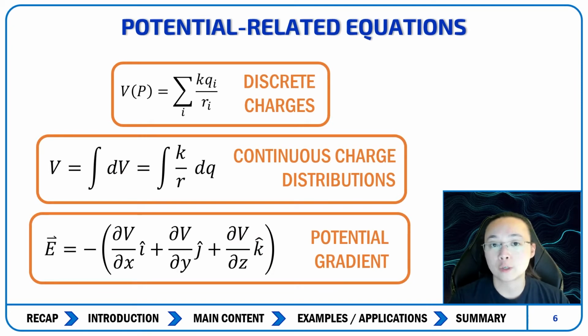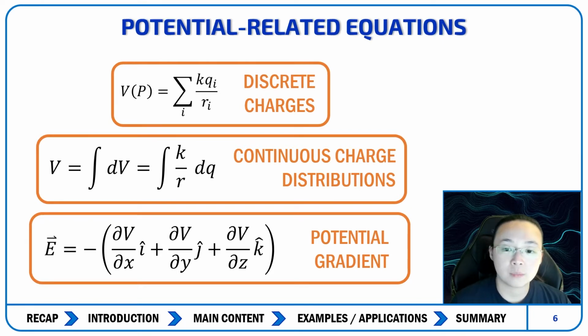You have a large object that has a bunch of charge, and it's a continuous charge distribution. In those cases, either everything is uniform and you can sum it all up as discrete tiny charges, or if it's continuous, then you would want to use an integral just like we did before for continuous charge distributions and calculating electric fields. So in that case, you have V equals the integral of K dq over R.